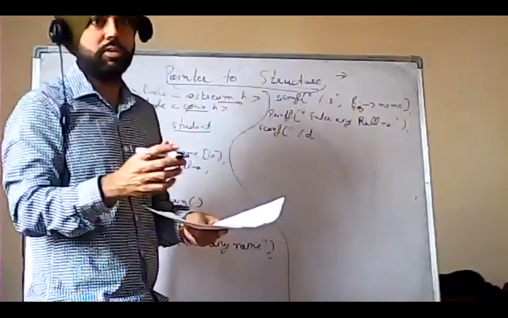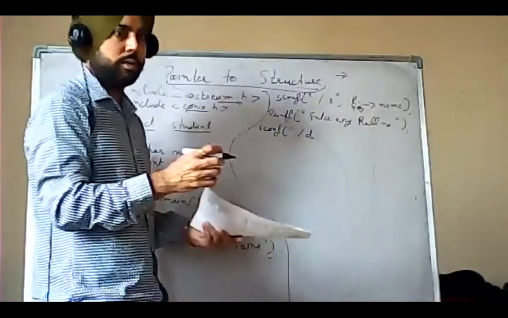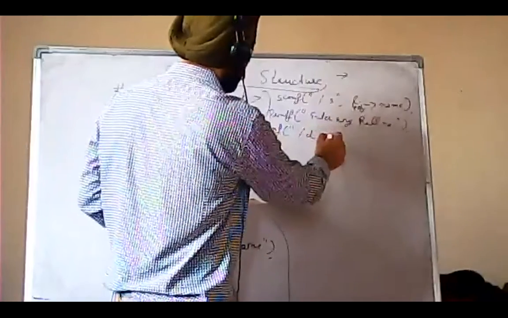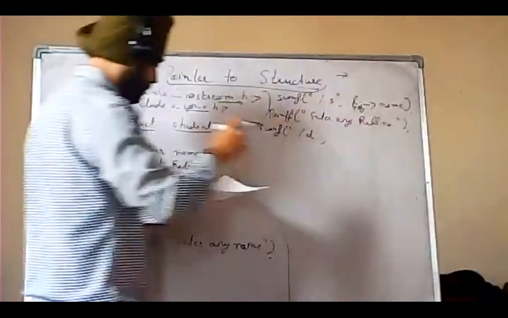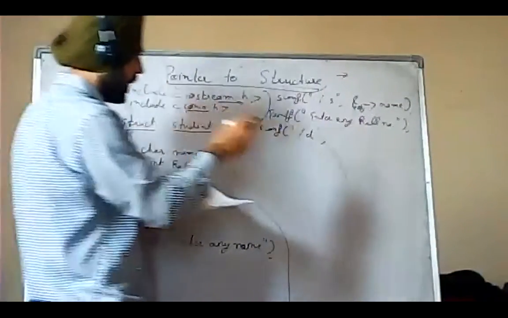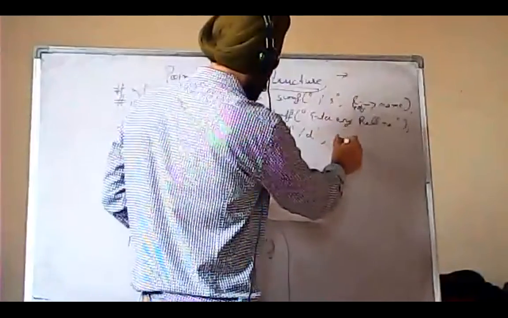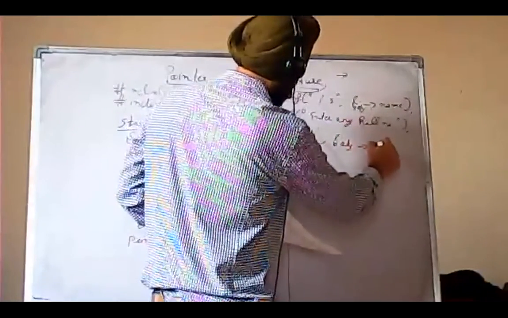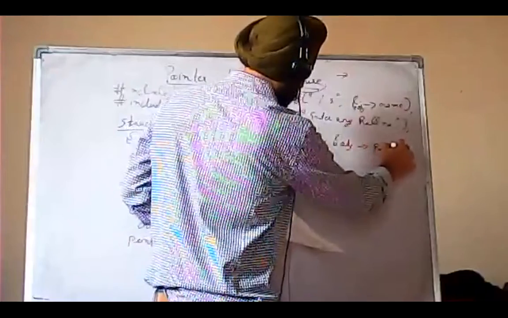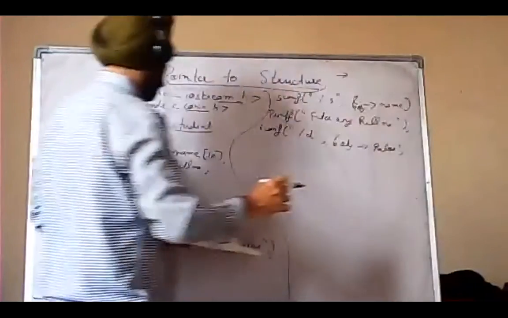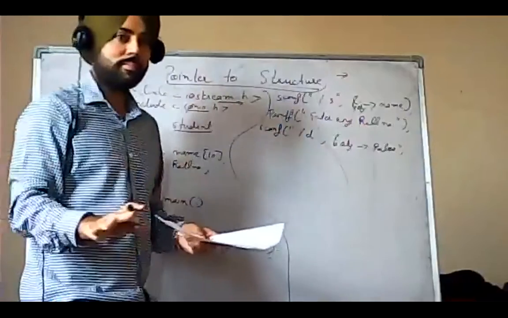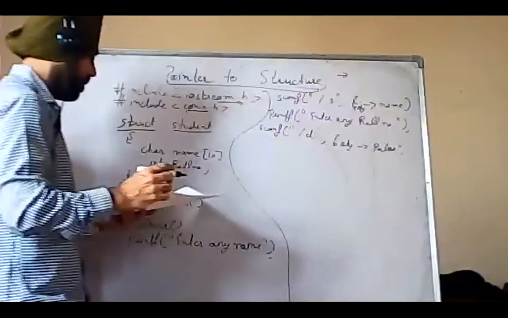Because we are entering the value of integer type. Then comma. Then after comma, again we have to use ampersand obj arrow operator and name of the variable.